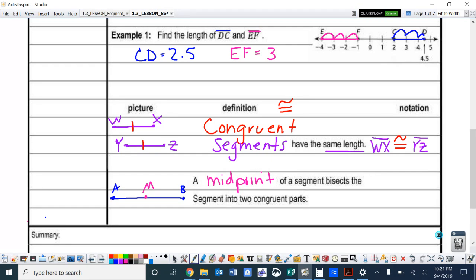So the midpoint of a segment bisects the segment into two congruent parts. So bisect is a sneaky vocabulary word. It just means divides into two equal parts.